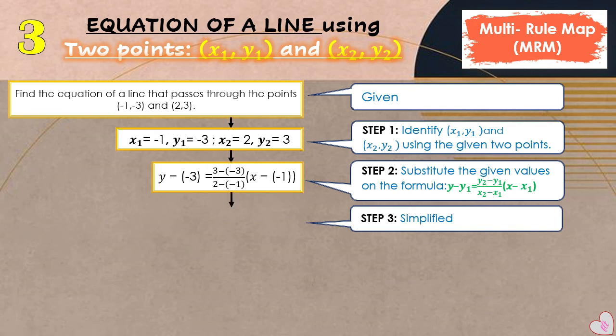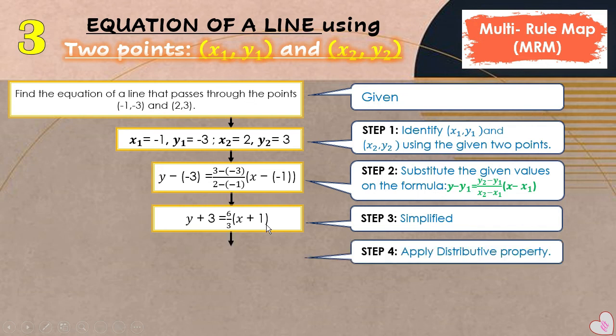Step 3, simplify. You have y plus 3 because you have negative times negative, that is positive, so you will have here plus and then copy 3. And then 3 minus negative 3, that is equal to 6 all over 2 minus negative 1, you have 3. And then x, negative times negative, you have positive, so plus 1.